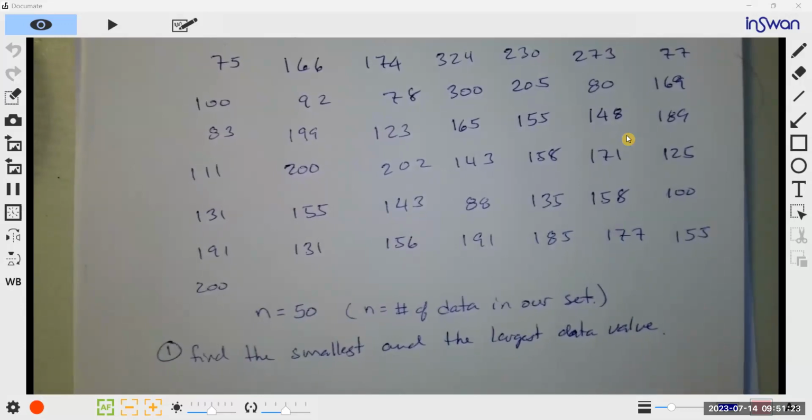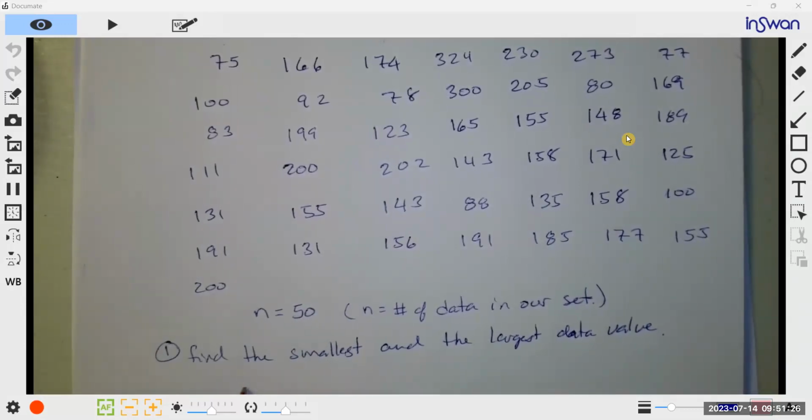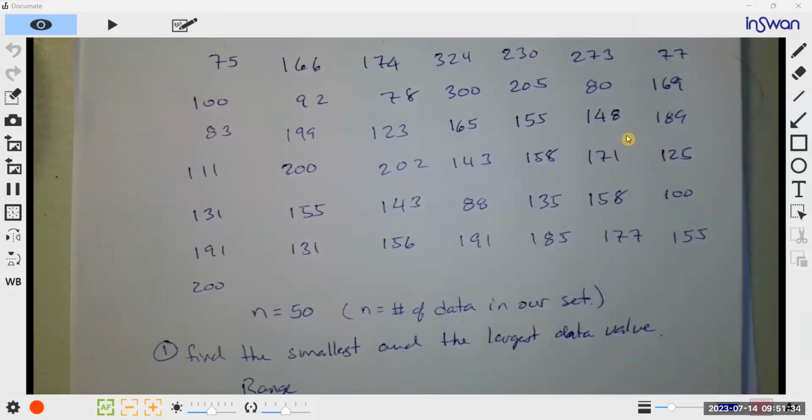The reason for this is that it's going to give us our range. It tells us the spread of how far the data points are apart from each other.